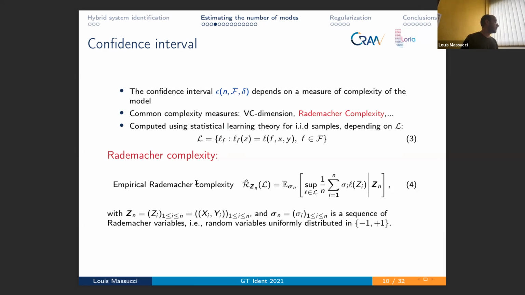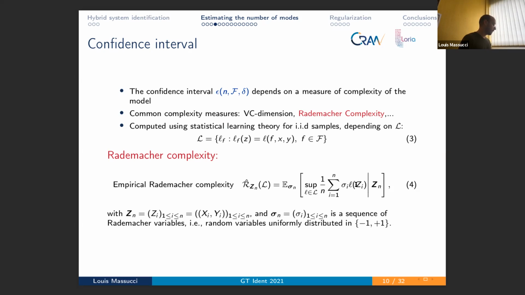Here you have the definition of the empirical Rademacher complexity, where sigma_i corresponds to the Rademacher variables, which are random variables uniformly distributed in -1 and +1. So it is a random noise that we associate to a loss function.